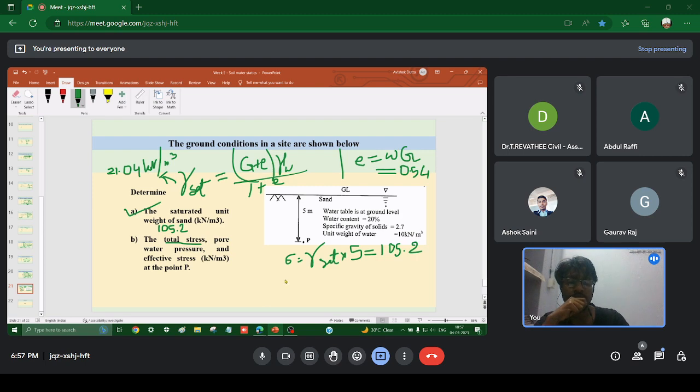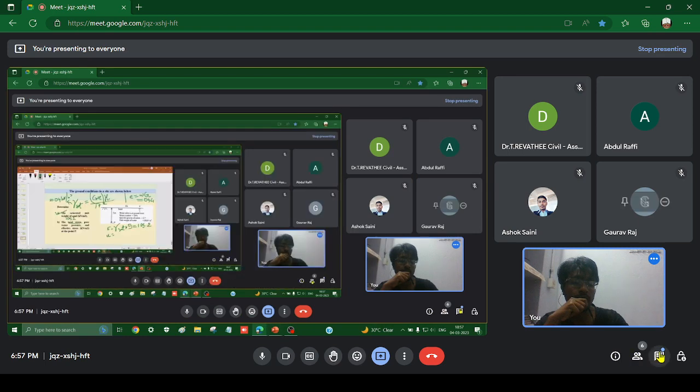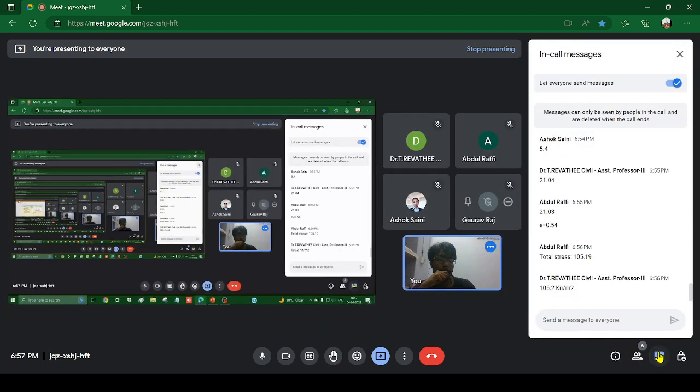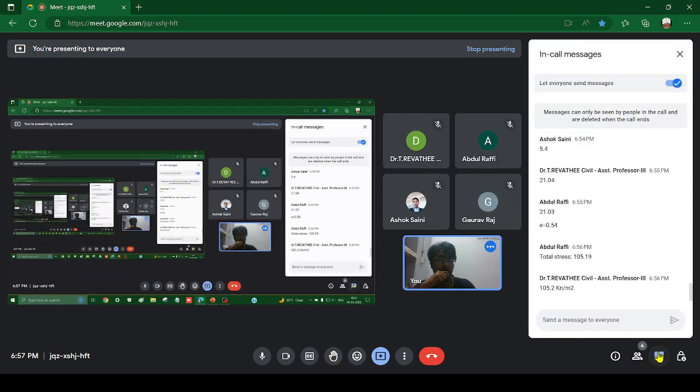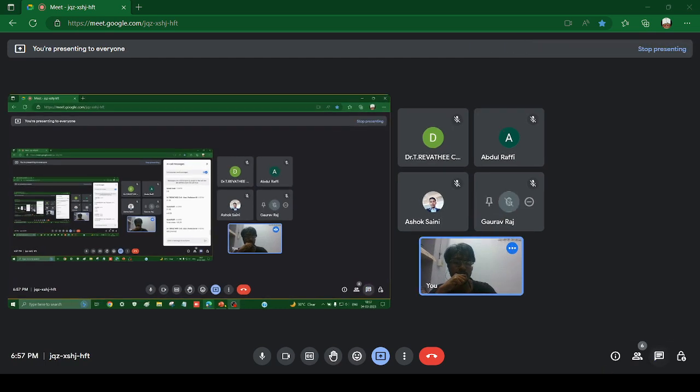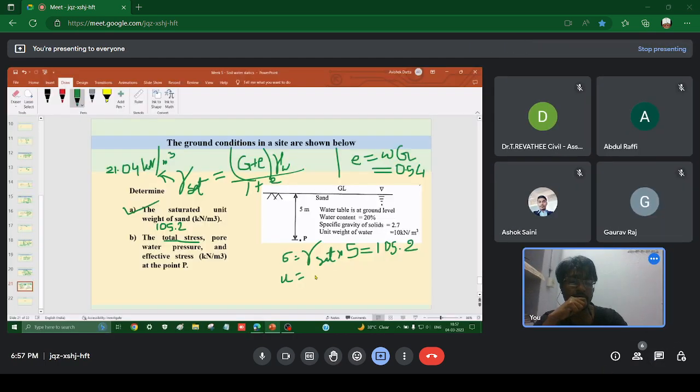What is the pore pressure? Yes, 105.2. What is the pore pressure? It's very easy. Gamma W into 5, that is 50, because gamma W 10 is given over here. And what is the effective pressure?